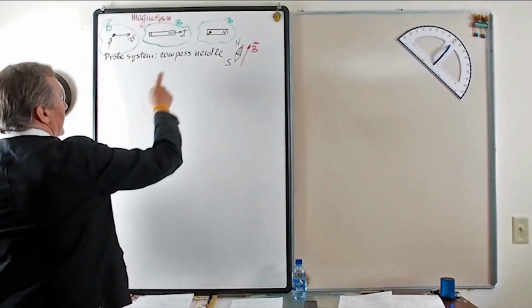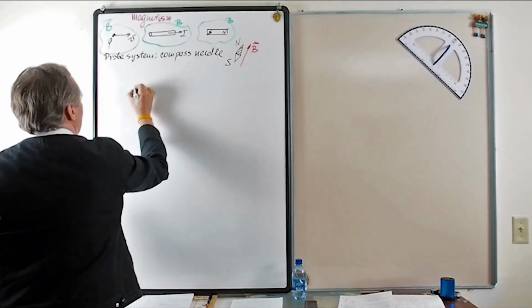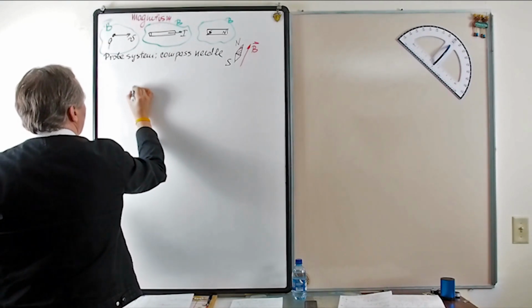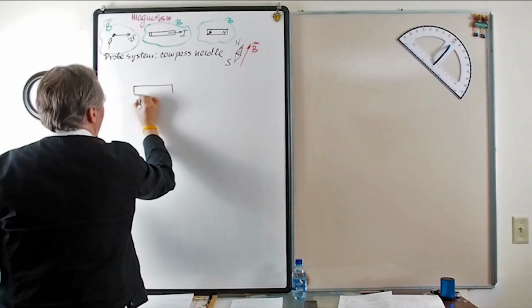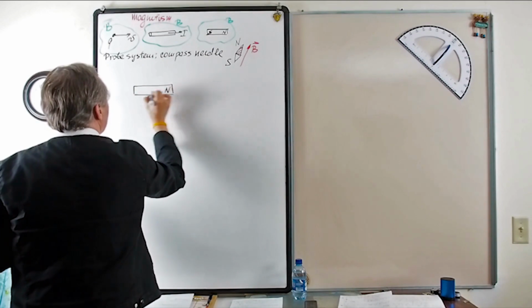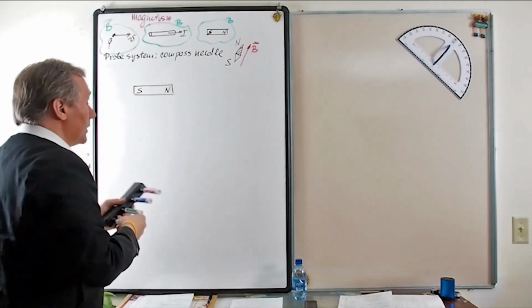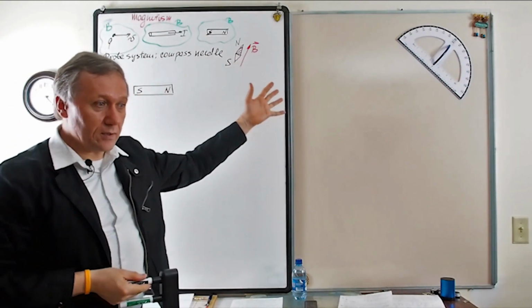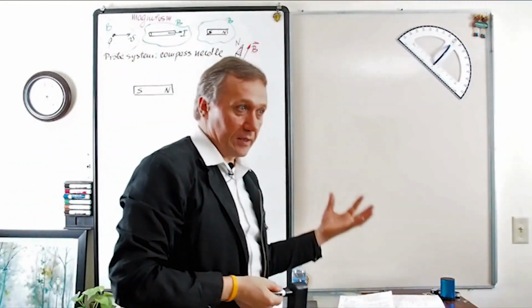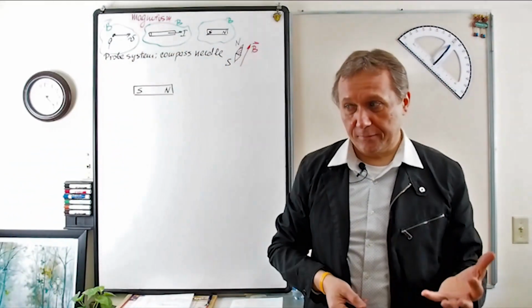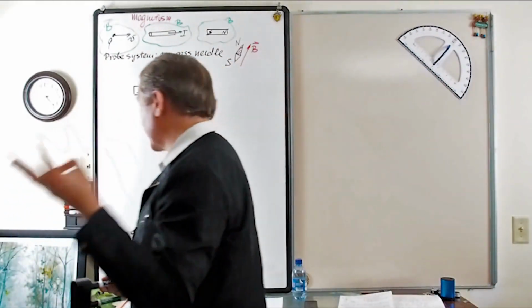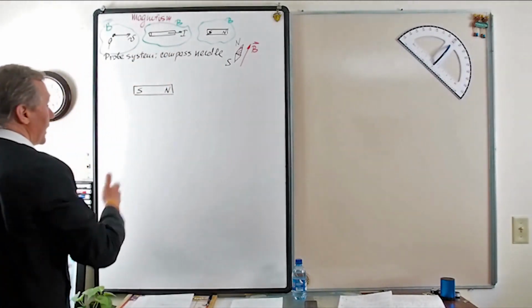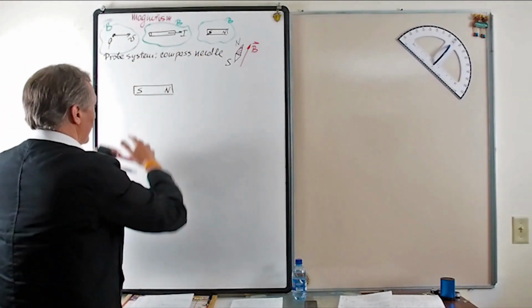Okay, then what's next? So let's imagine that we have a permanent magnet. Right, North Pole, South Pole. And so now you can use this compass needle to map the magnetic field, like you mapped electric field using a small positive probe charge in your lab number 1. Now we can use the compass needle to map magnetic field.